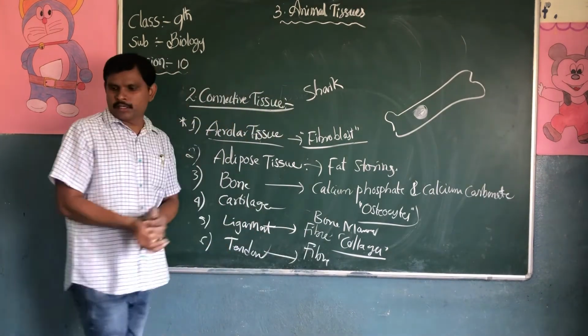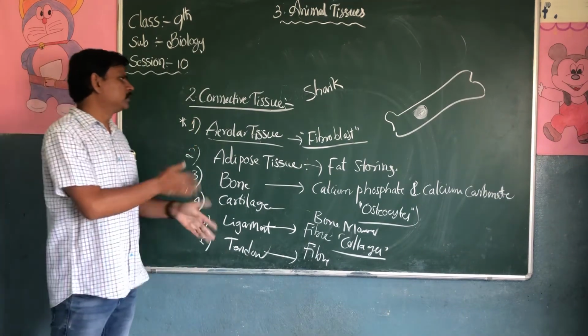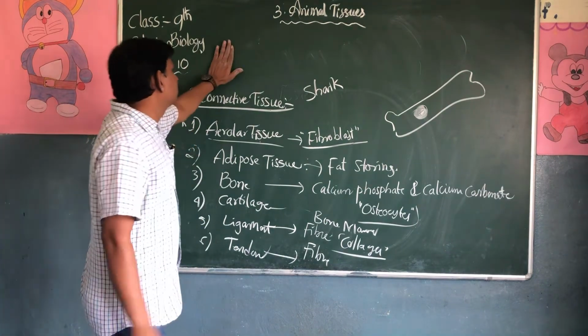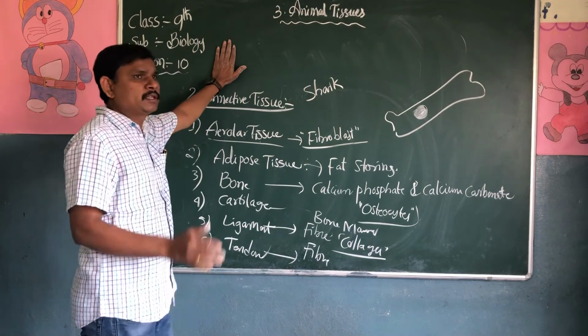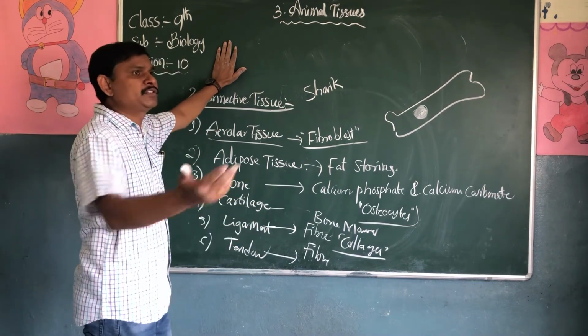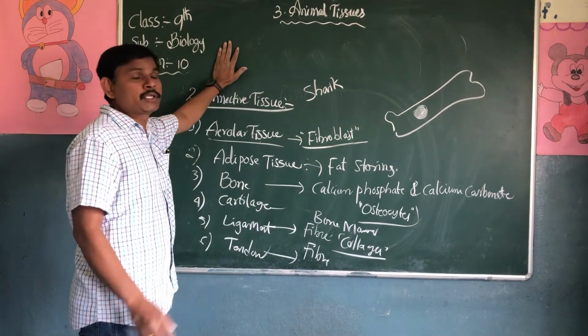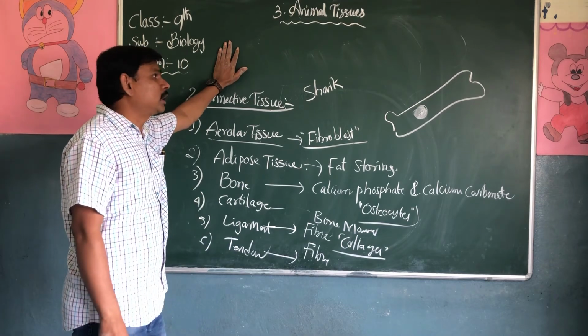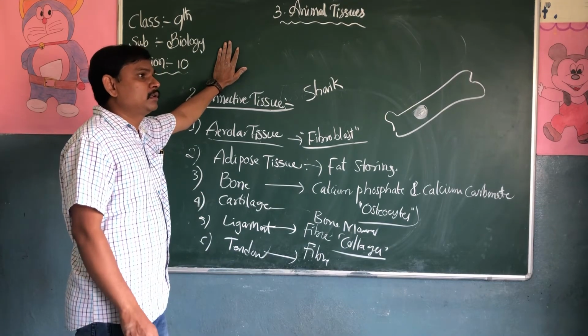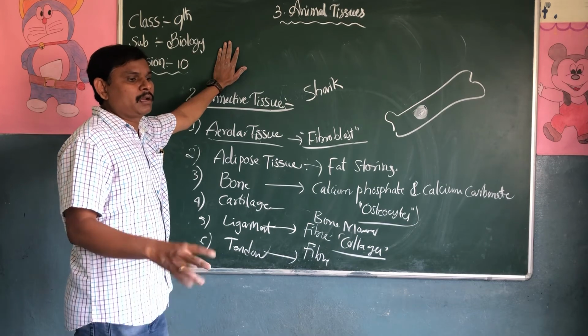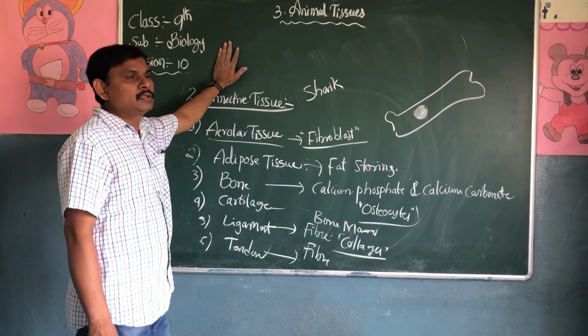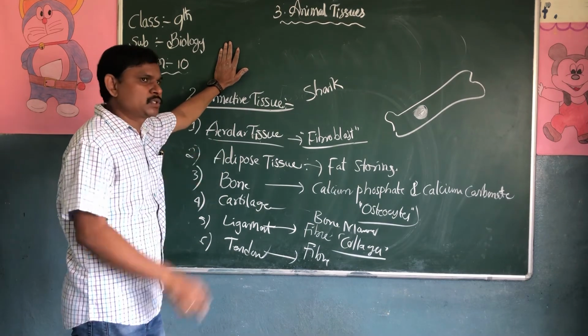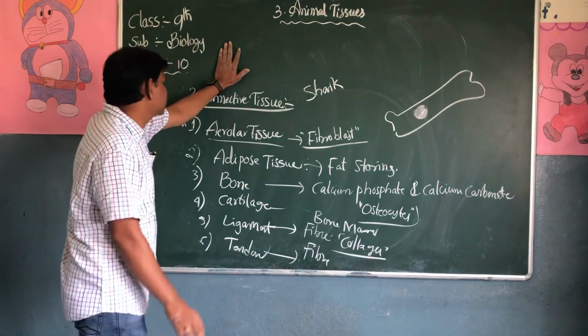Okay, this is about the different types of connective tissues. Connective tissues also help in the transportation of materials from one tissue to another. They also provide body defense, help in body repair, and store fat materials.